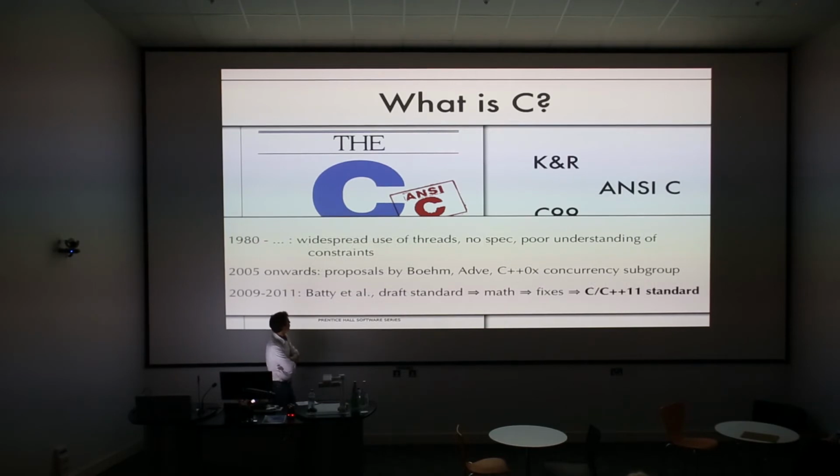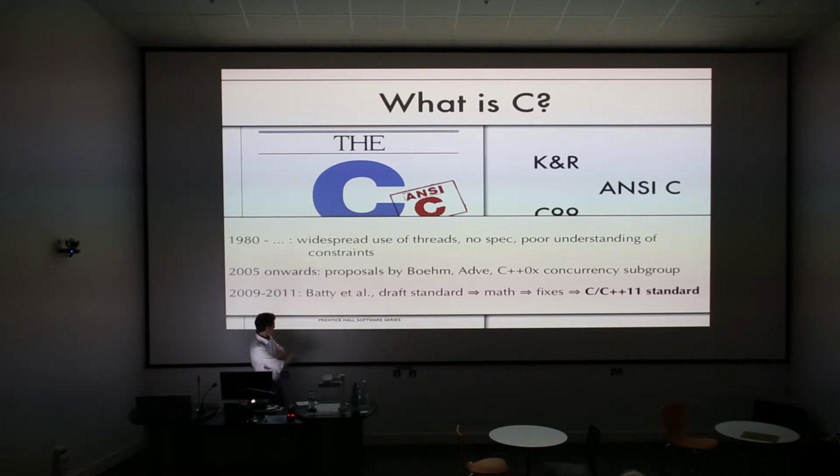So, a bit of history. When it comes to concurrency, since the 80s there was widespread use of threads in the C language, but there was no specification, and definitely a poor understanding of the constraints of using threads in a shared memory environment. From 2005 onwards, there was a proposal by Hans Boehm and Sarita Adve, which led to the C++0x concurrency subgroup.